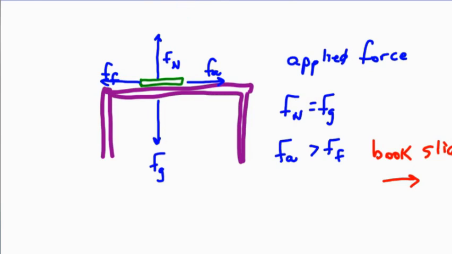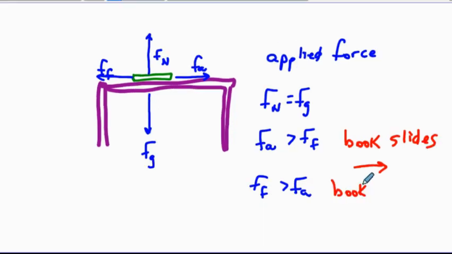Okay? If the force of friction is bigger than the applied force, it doesn't move. The book does not move. We cannot have a force of friction that is greater than the applied force. The worst it can do is be equal to. So the book does not move.